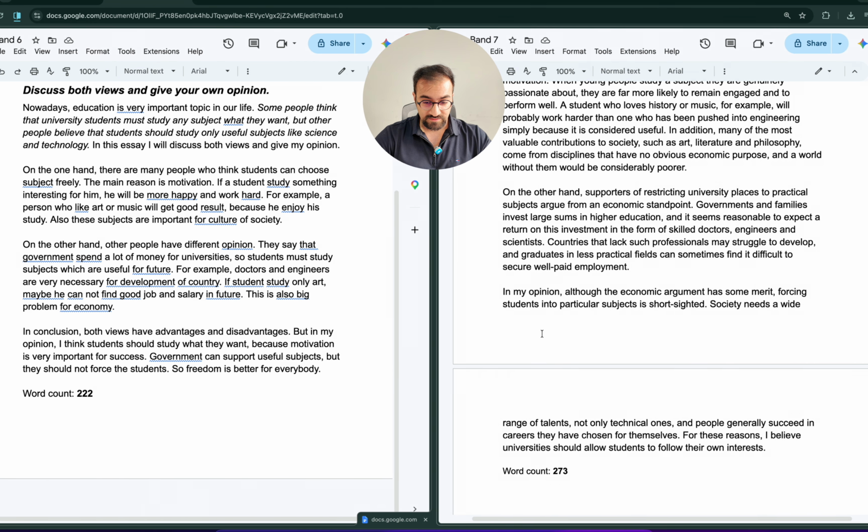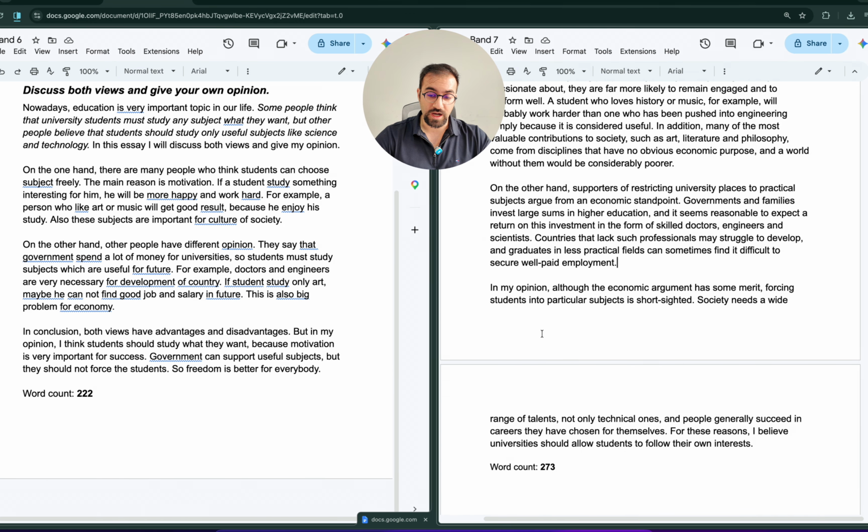On the right, in my opinion, although the economic argument has some merit, forcing students into particular subjects is short-sighted. Society needs a wide range of talents, not only technical ones, and people generally succeed in careers they have chosen for themselves. For these reasons, I believe universities should allow students to follow their own interests.